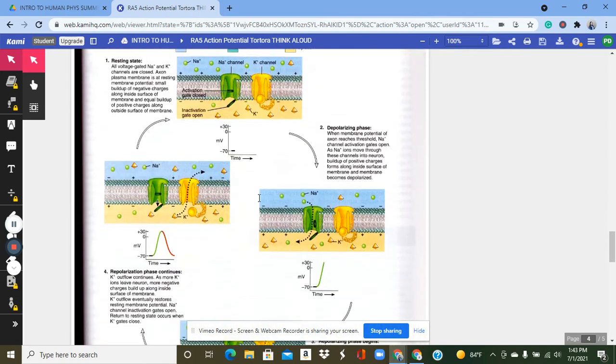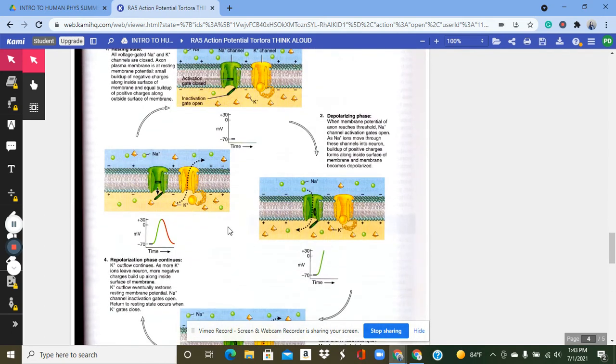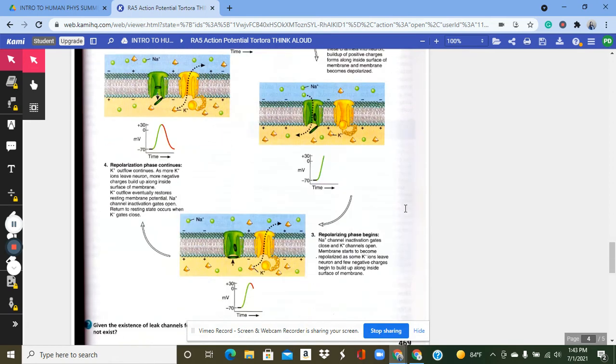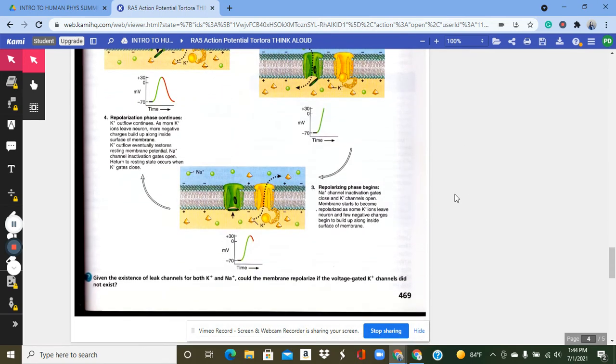So on step 3, the repolarizing phase begins. Sodium channel activation gates close and the potassium channels open. The membrane starts to become repolarized as some potassium ions leave the neuron and a few negative charges begin to build up along the inside surface of the membrane.